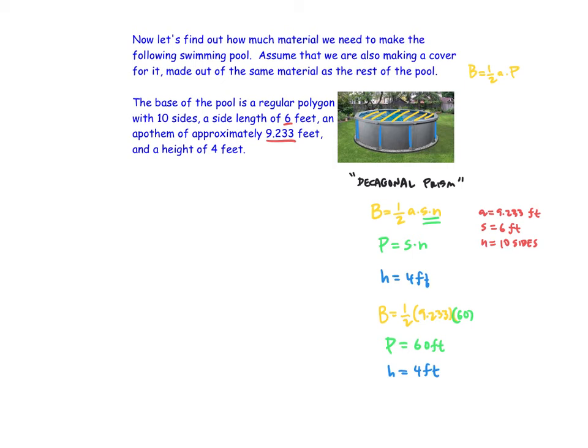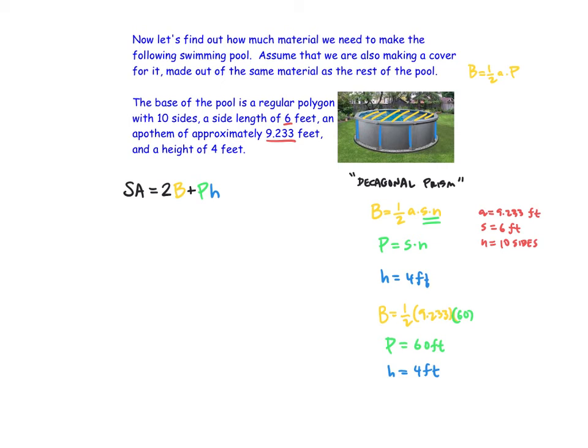Okay, so let's find the area of the base, which will be that yellow value here, and we'll plug that in to the surface area formula, which will be 2 times that value for the area of the base plus perimeter times height.